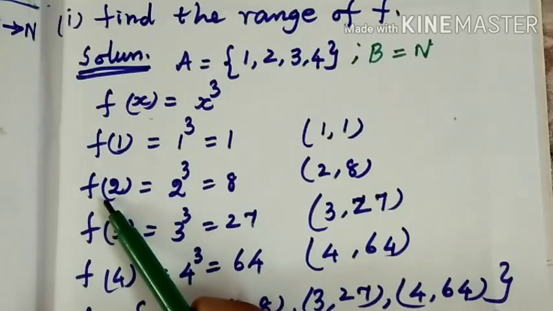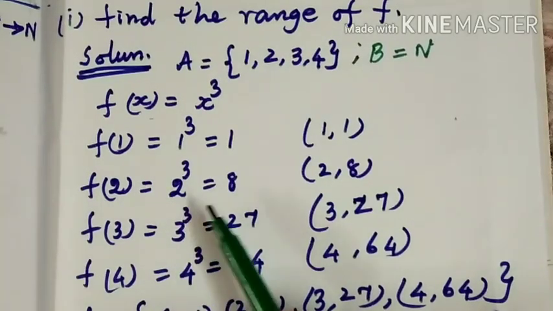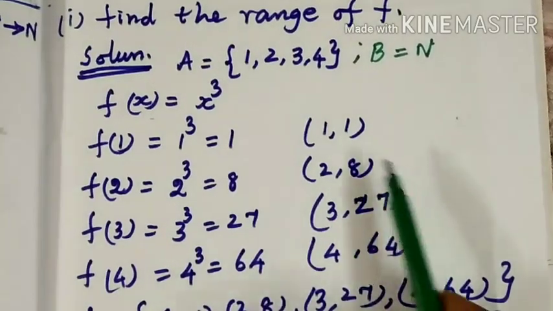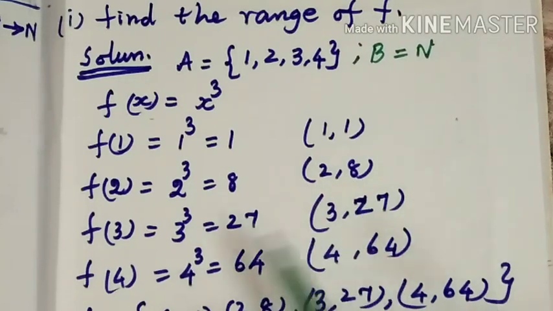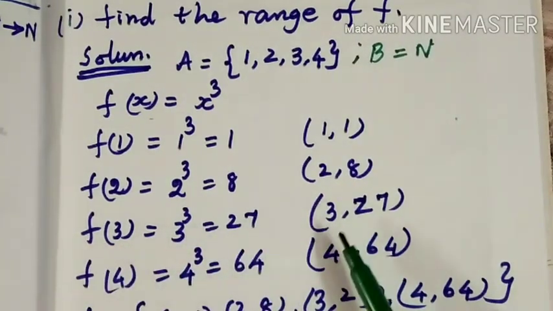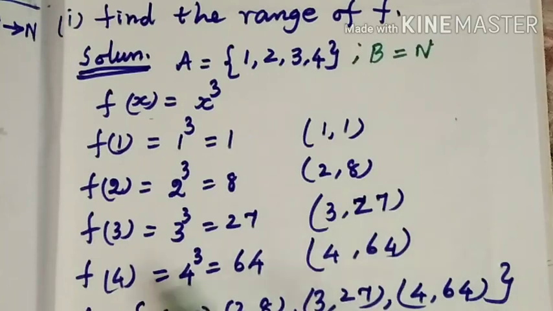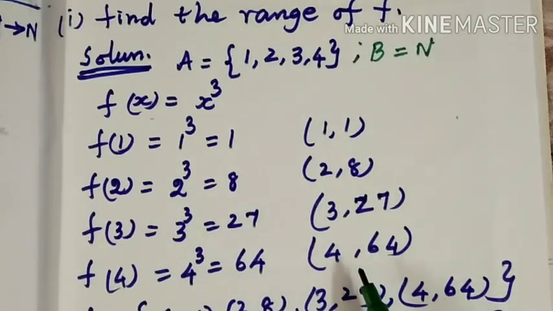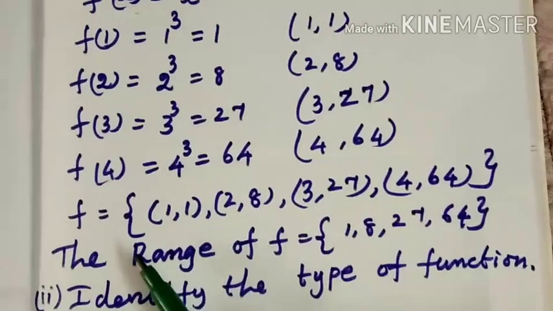Second element, f of 2 equal to 2 cubed equal to 8. Then the ordered pair is (2, 8). Similarly, f of 3 ordered pair is (3, 27). f of 4 ordered pair is (4, 64). Then take down and write the ordered pairs.